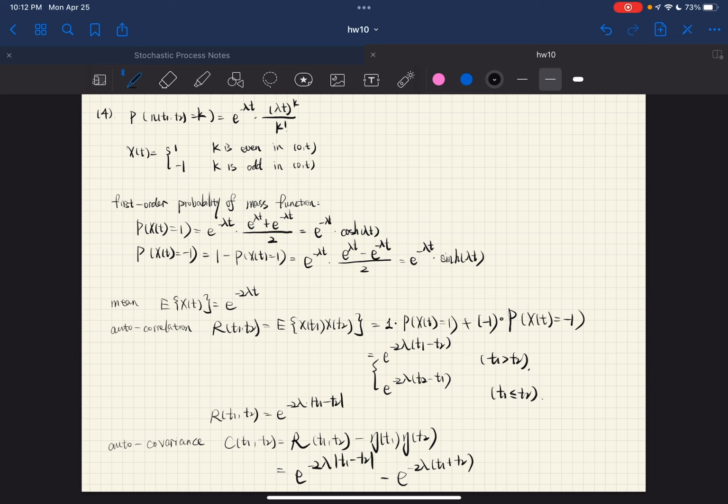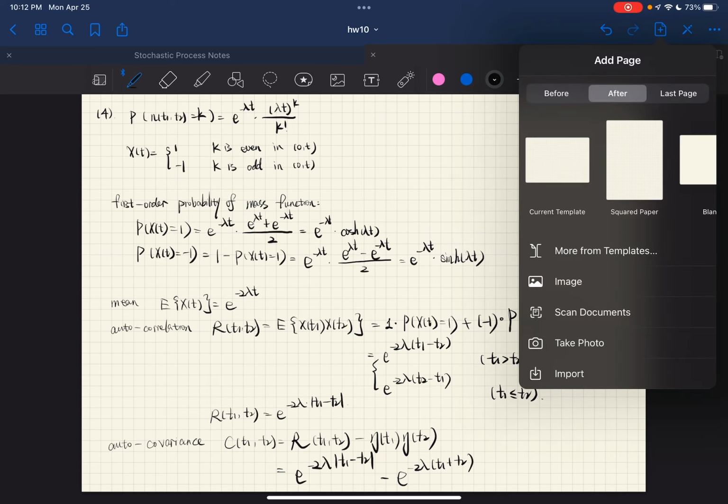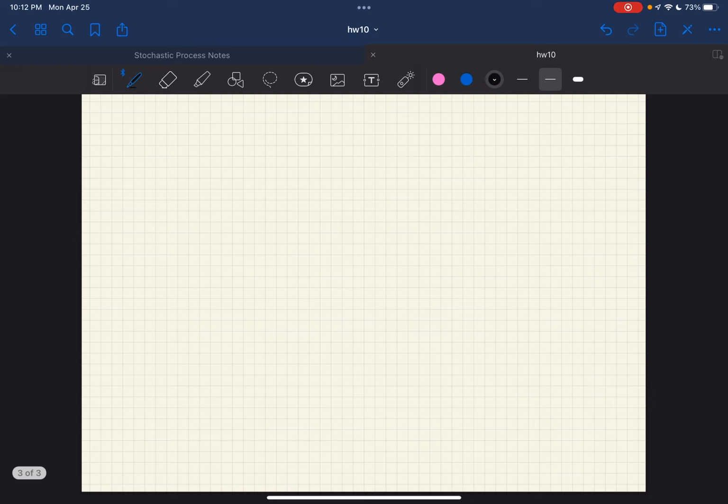And for the fifth one, it is the random telegraph signal.